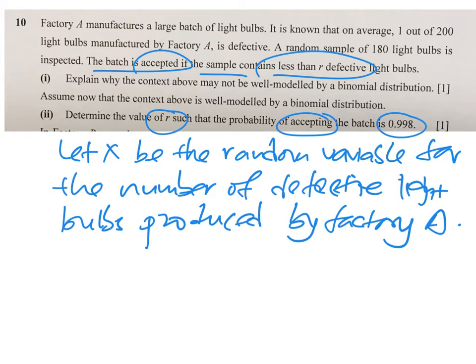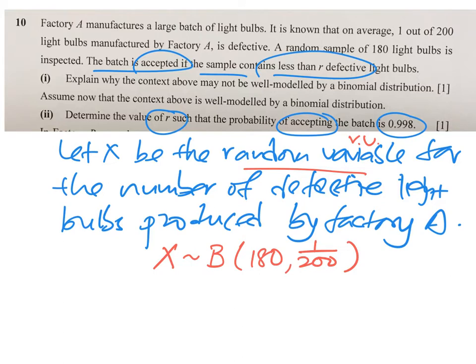Please write in full all the words. Do not use short form for random variable. Some students simply put RV. This is not encouraged during the exams. So defining X to be the random variable for the number of defective light bulbs produced by factory A, let us now write down the distribution of X. Given how X is defined, X follows a binomial distribution with sample size n equal to 180, and the probability of success is 1 out of 200.